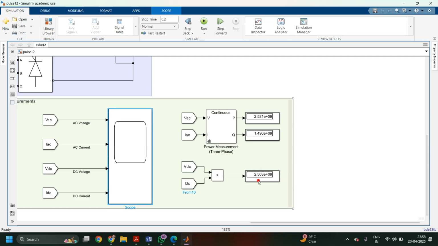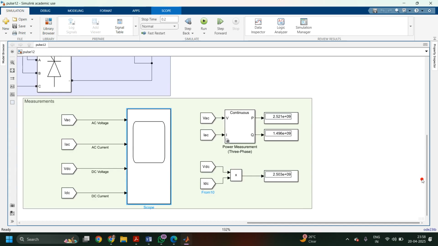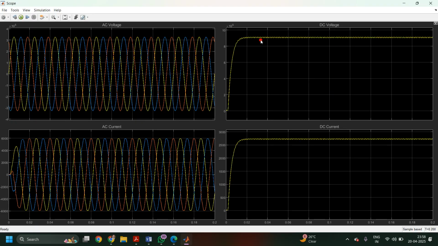Similarly, you will observe the DC power output. Though we have given 750 megawatt at 500 kilovolt, here the DC voltage you are getting is higher than 500 kilovolt. You are getting almost 900 kilovolt at the DC output.